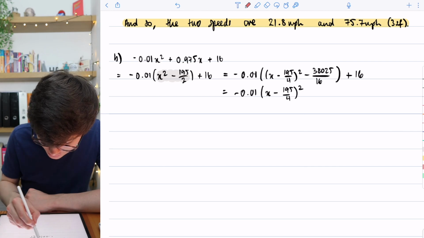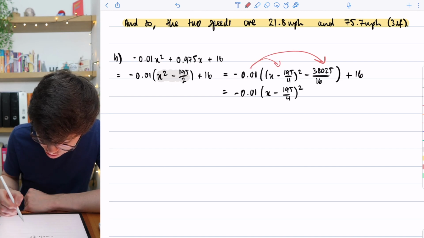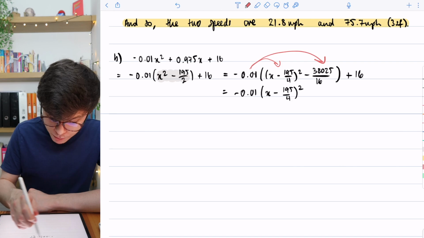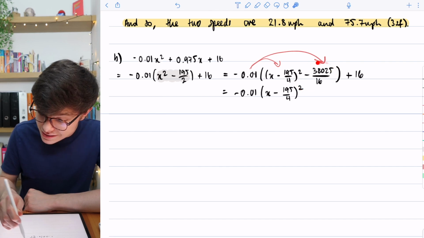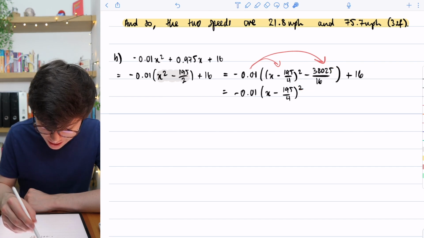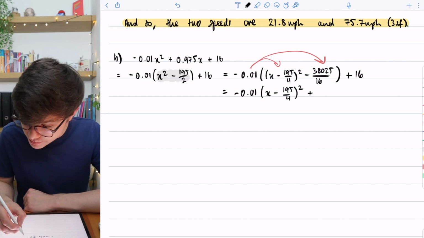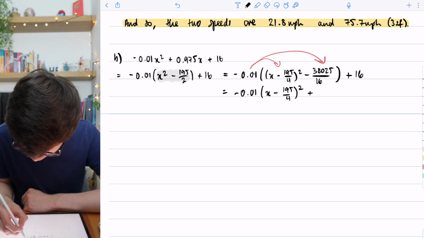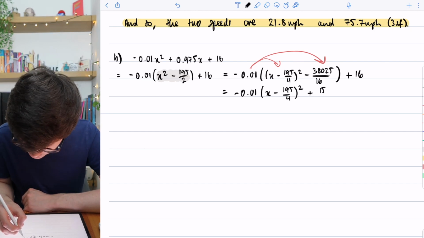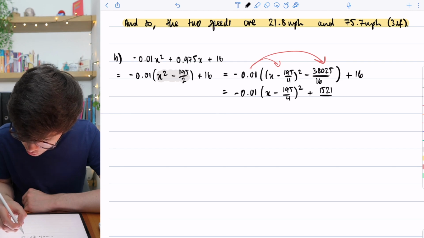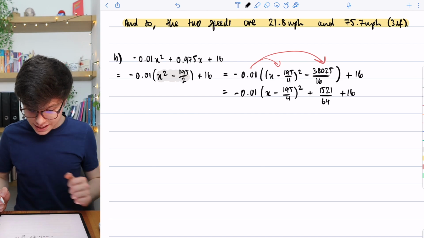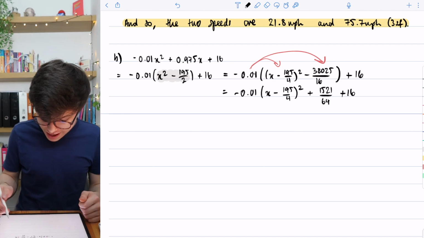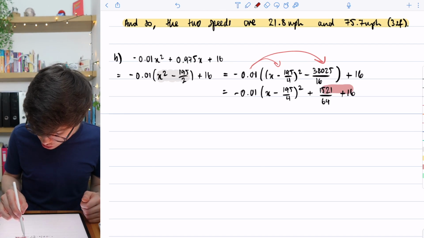And then I need to multiply the minus 0.01 with this, and these numbers should be correct, I should get 1,521 over 64 plus 16. And then I can add those two terms together.